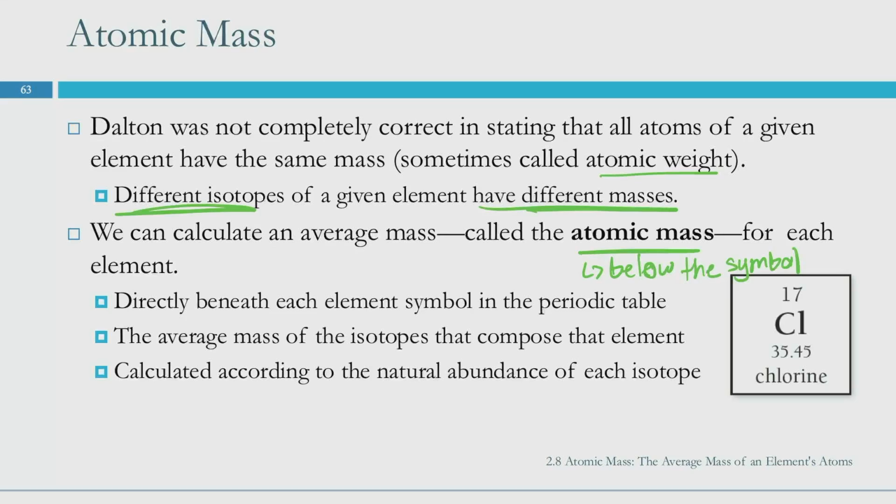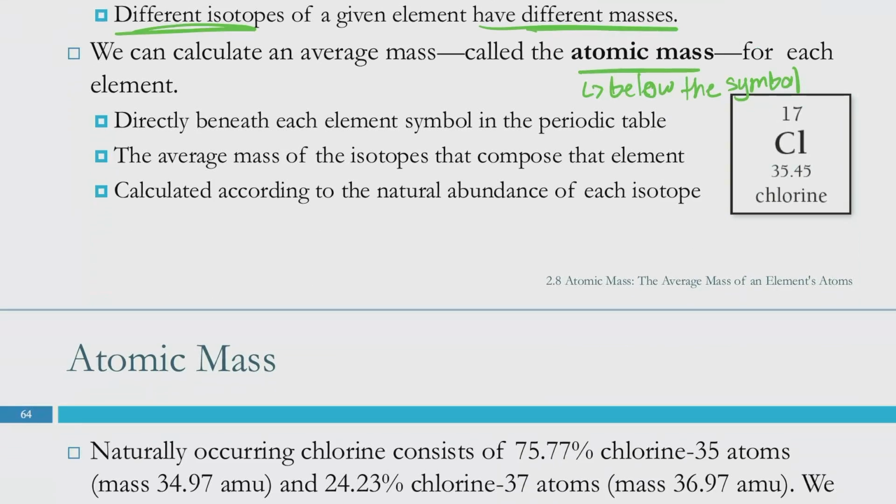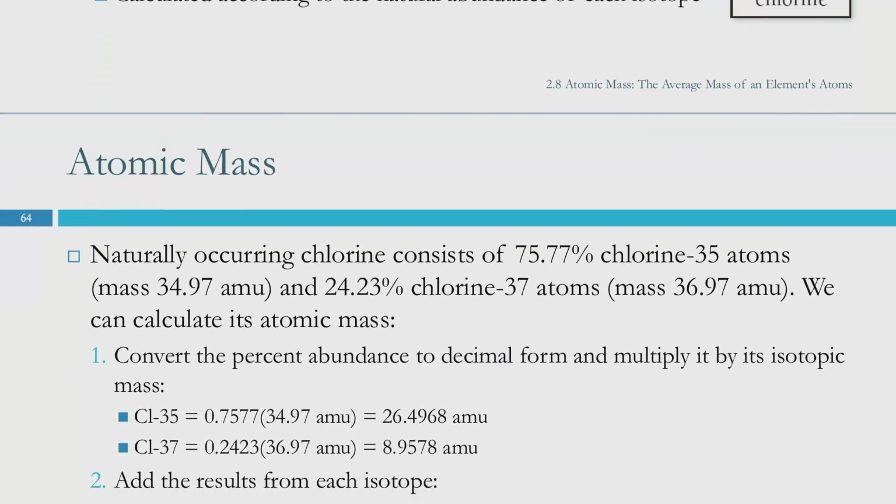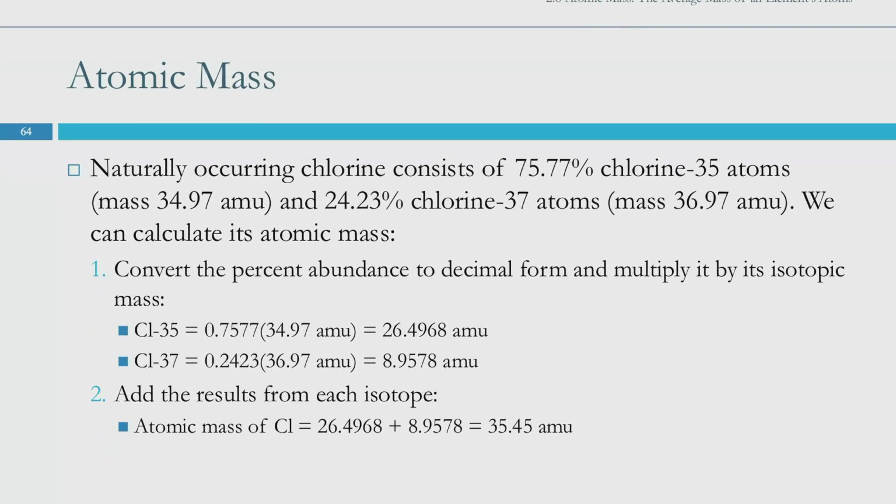So there's some isotopes that are 20, there's some that are 21, some that are 22. We do a weighted average to calculate what that atomic mass is. Naturally occurring chlorine consists of 75.77% chlorine 35 atoms. You will be given natural abundance percentages if you need them, unless you're asked to find one.